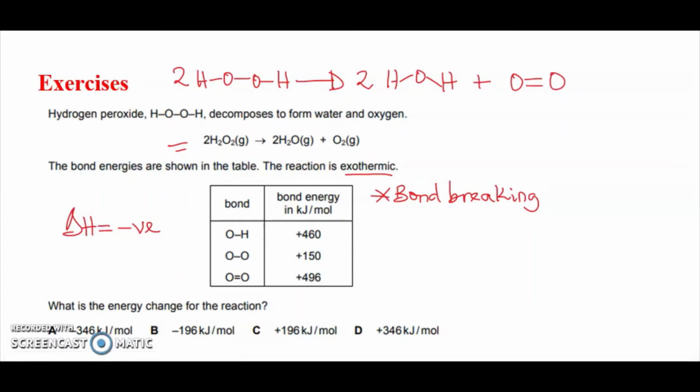So in the reactants, let us see what we have. Remember, in the reactants, we have to break this 1 HO bond and 1 HO bond. But there are 2 molecules, so we need to multiply that value by 2. So in effect, we have 4 HO bonds.